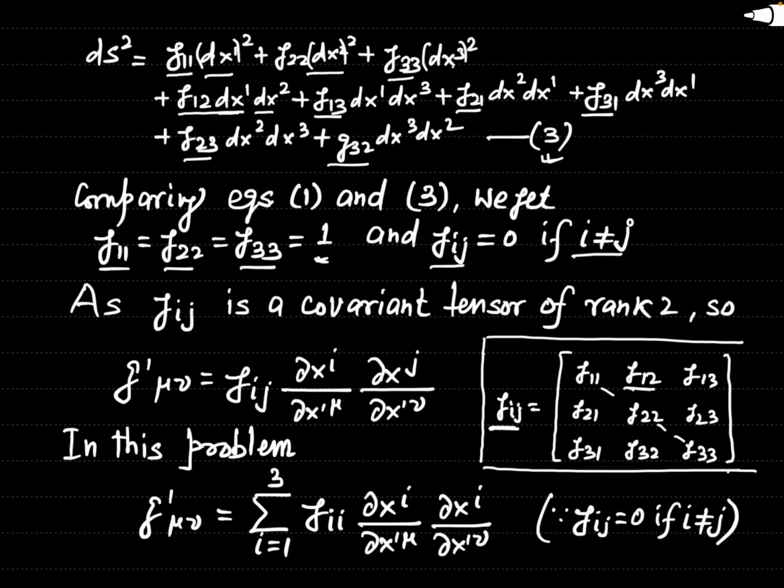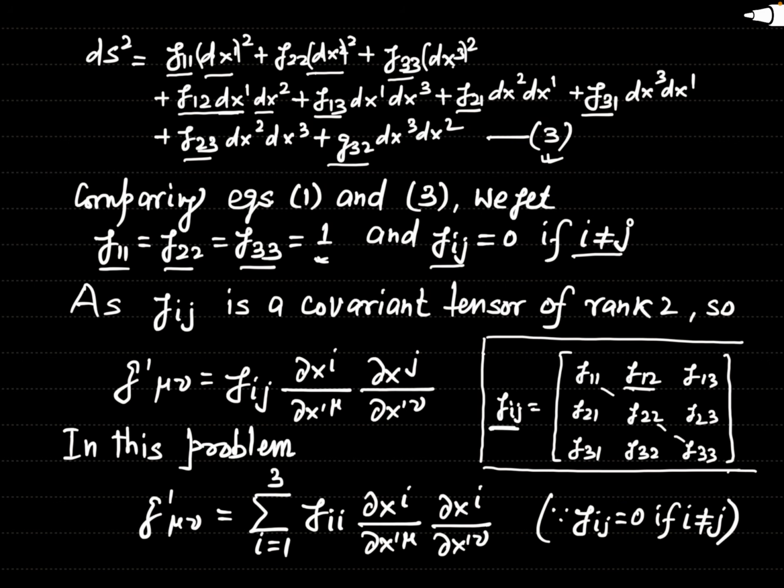Now, as I have told you earlier, if you know the expression for the line element in Cartesian coordinates, then by the use of transformation equations, we can transform the expression for the line element in any other coordinate system. Here our aim is to transform it into the spherical polar coordinate system, but before that, first of all, we consider there are two coordinate systems.